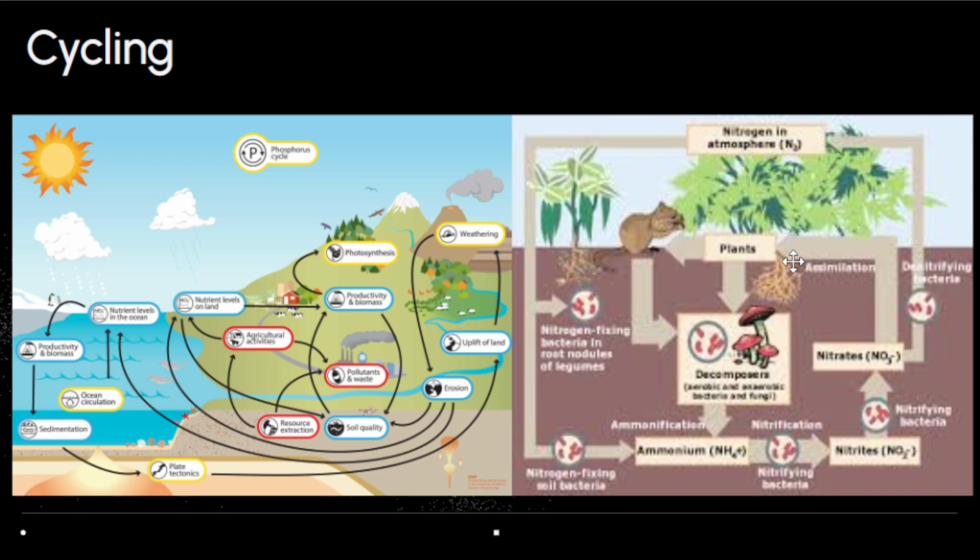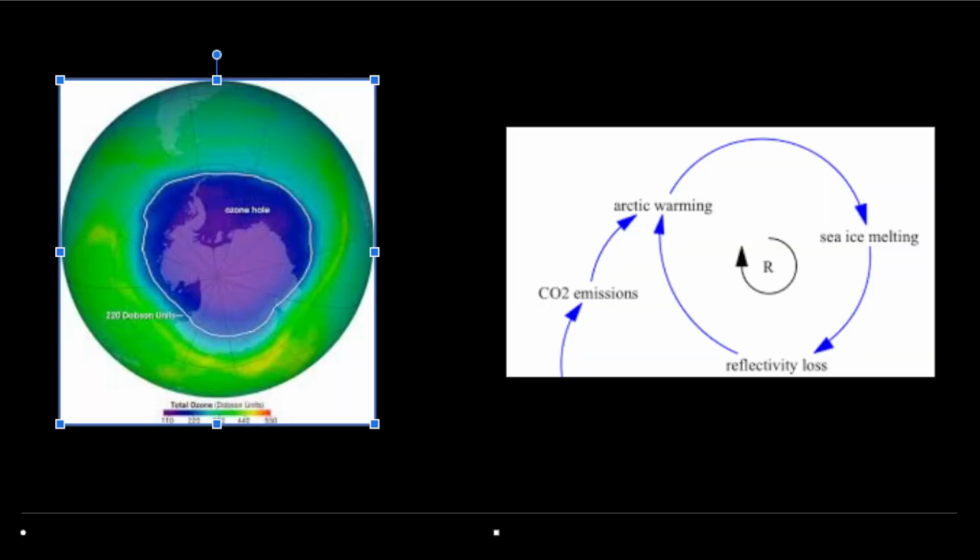This could lead to more plants dying off or not thriving as much, which would in turn further decrease the amount of assimilation, which would further kill off the plants and cause a reinforcing feedback loop, which is basically where the effects of the loop fortify the cause and it builds upon itself over and over again. A very common example of this that we hear talked about in the environmental studies field is that of greenhouse gases and the ozone layer.